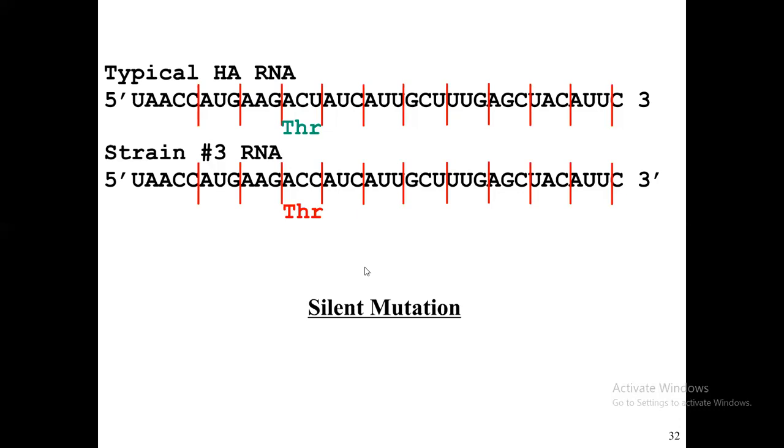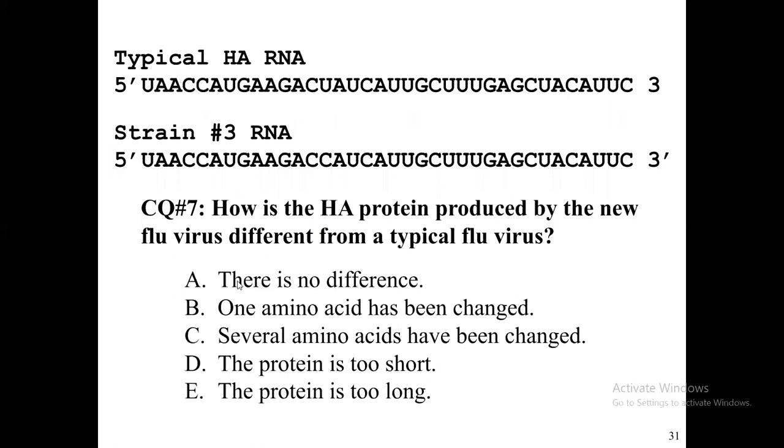It's called a silent mutation because we don't see any ramifications. There's no change to the last message that goes out. There's no mistakes. It's not nonsense. It's just the same protein output on the far end. So it would be that there is no difference. Now there's a difference in their sequences, but not in the amino acids.